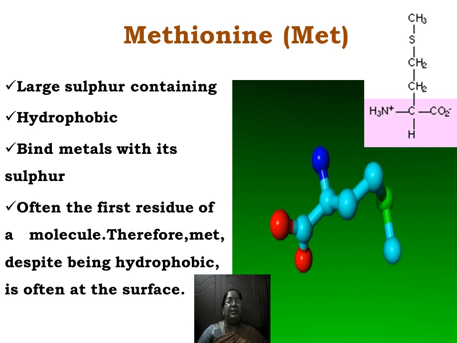Methionine is a large sulfur containing amino acid which is hydrophobic in nature, binds with metals, often the first residue of a molecule. Therefore, methionine, despite being hydrophobic, is often at the surface of a protein.